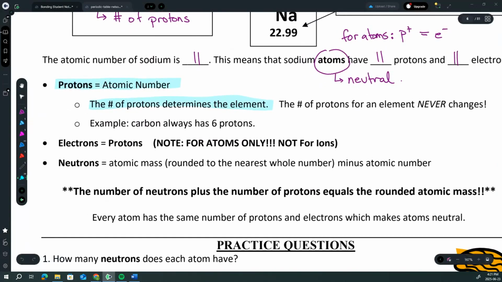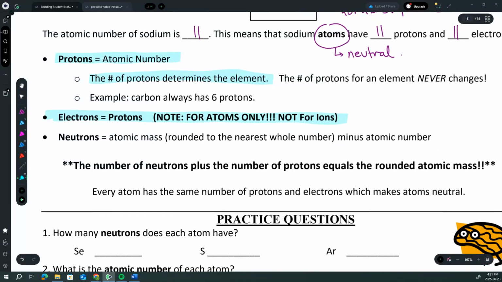Now, as stated previously, the number of electrons is going to be equal to the number of protons, but this is for atoms only. It does not hold true for ions. Ions are essentially atoms that have a charge.